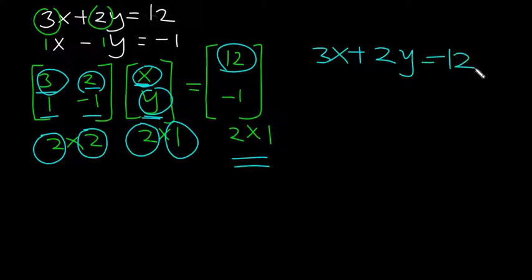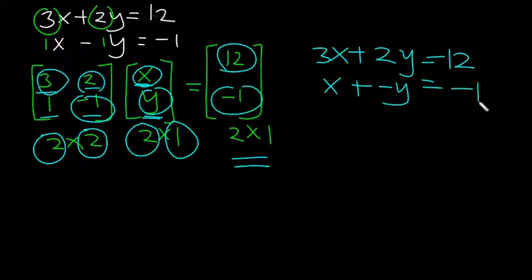Then 1 multiplied by x, which will still remain as x, added to -1 times y, which is -y, should give us -1.